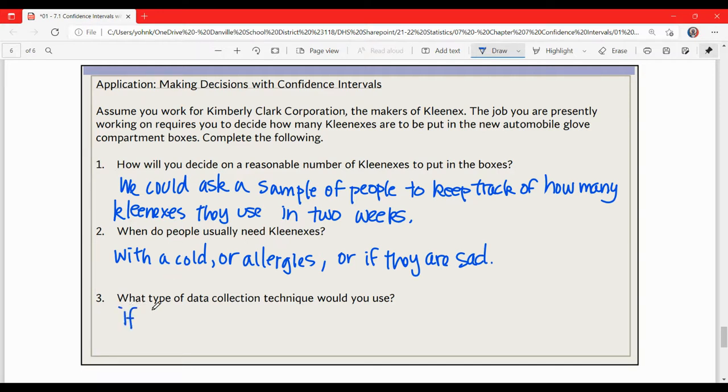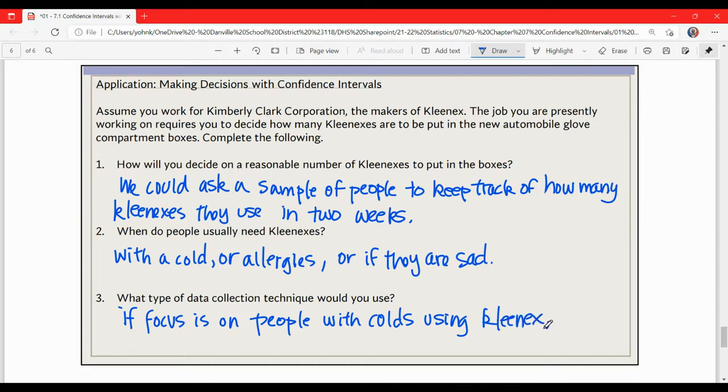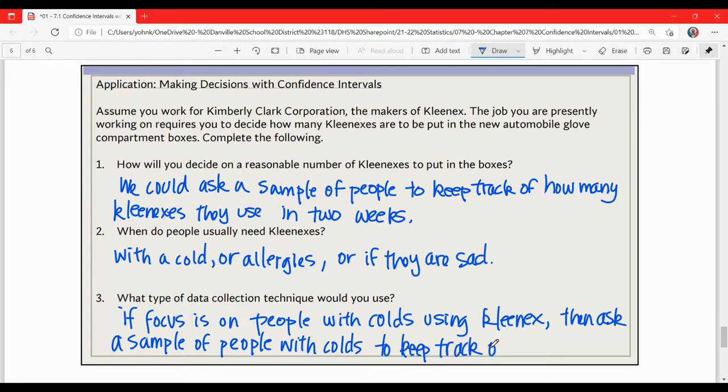So if the focus is on people with colds using Kleenex, then ask a sample of people with colds to keep track of Kleenex use.